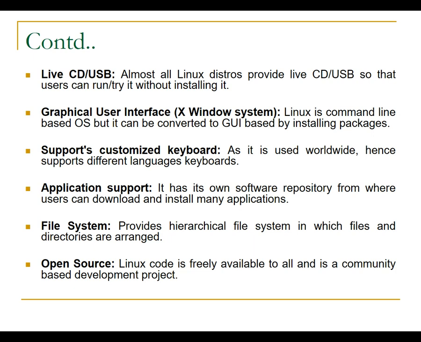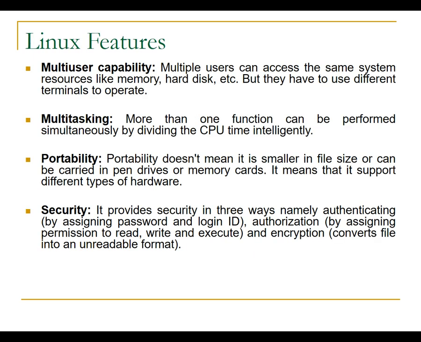It has a very unique file system, and last, it is free of cost. From the internet and from the official website of Linux, without purchasing any license, you can use this operating system. So these are the basic features of the Linux operating system.